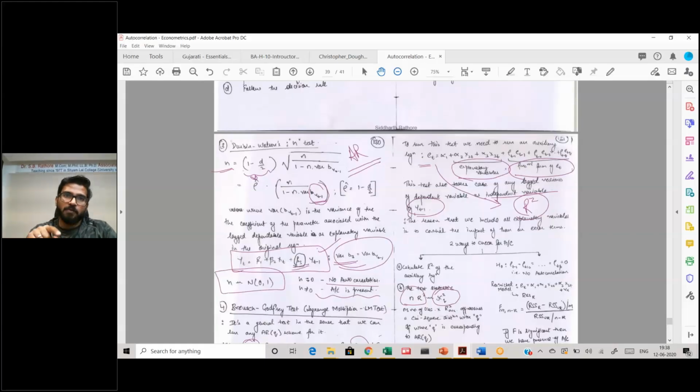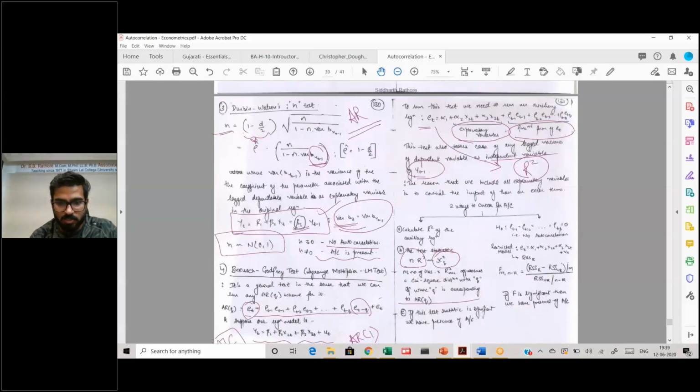In case of the White test, if you remember, you had the degrees of freedom as the number of terms minus the intercept. And if this probability is coming out to be significant, you will say that you have the presence of autocorrelation.